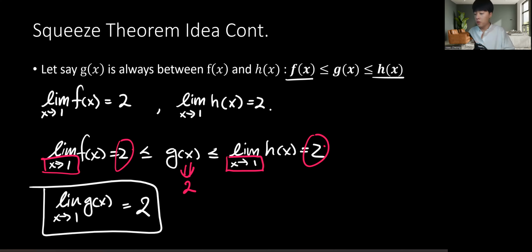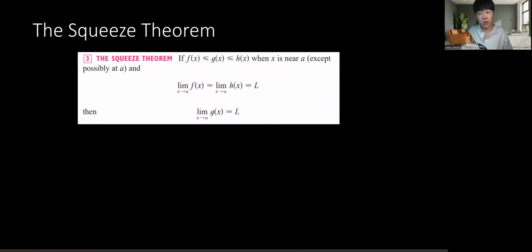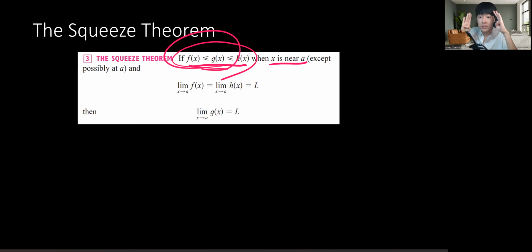So these values easily become 2 using the squeeze theorem. This is the proper definition of the squeeze theorem. Let's say g(x) is between f(x) and h(x) when x is near a. It doesn't matter if this happens on the other side, but our goal is when x is near a, g(x) is sandwiched by f(x) and h(x).